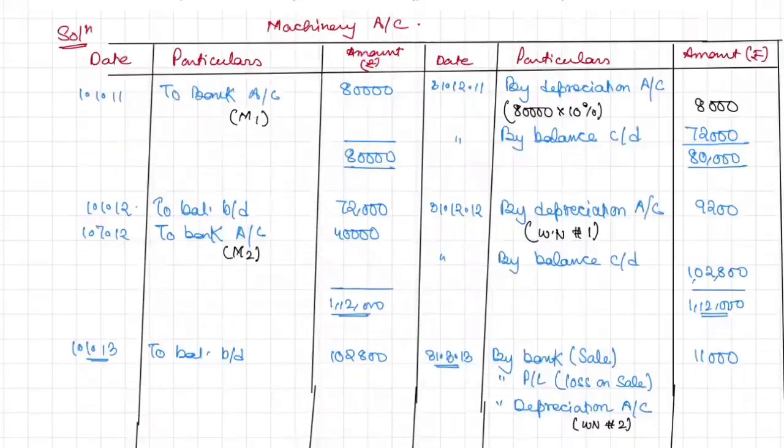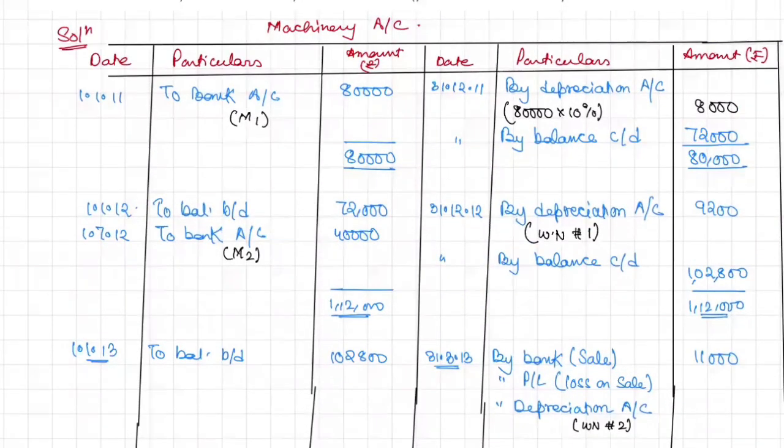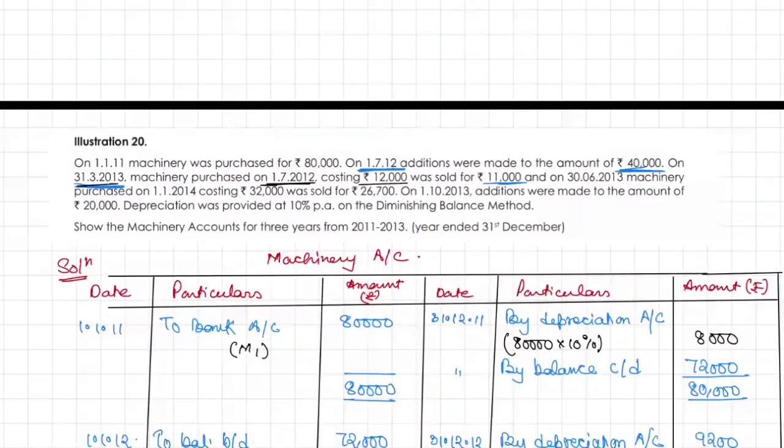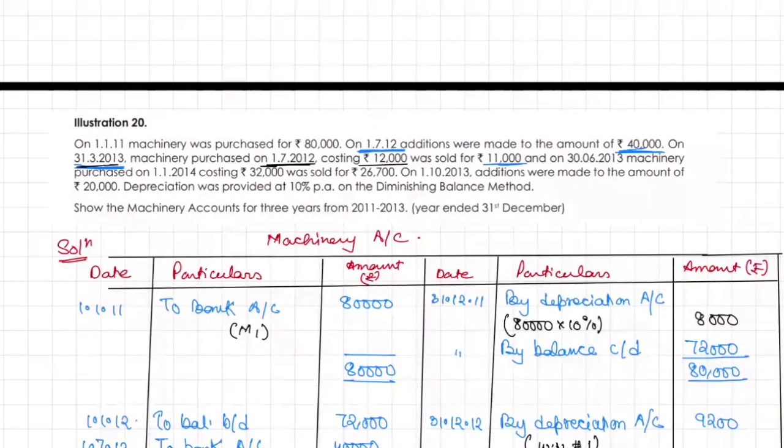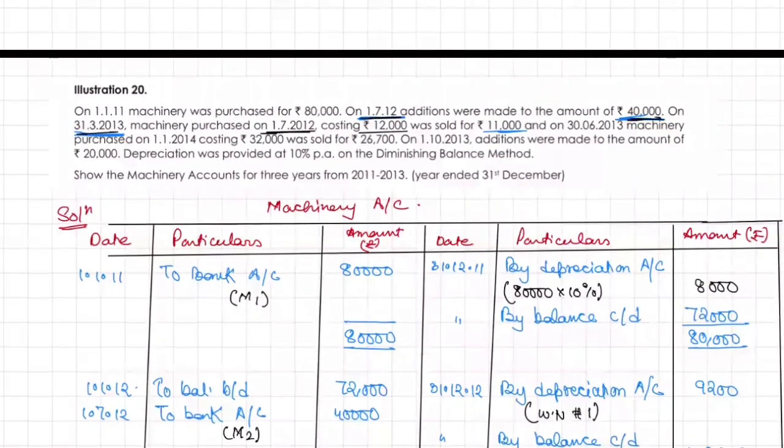Just give me a second. Let me read it once. Some additions were made on 1st of July 2012, amounting to 40,000. On 31st March, machinery purchased on 1st of July costing 12,000 was sold for 11,000.